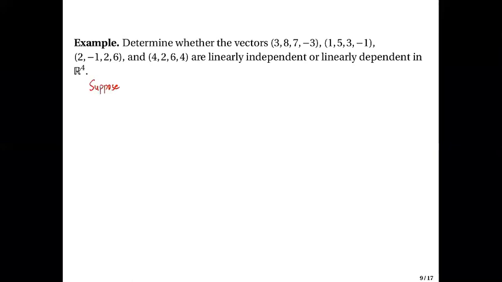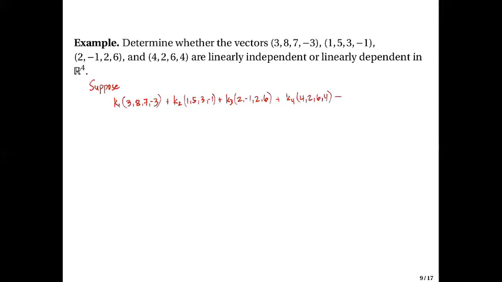So again, we start with the following. Suppose k1 times the vector (3, 8, 7, -3) plus k2 times (1, 5, 3, -1) plus k3 times (2, -1, 2, 6) plus k4 times (4, 2, 6, 4).